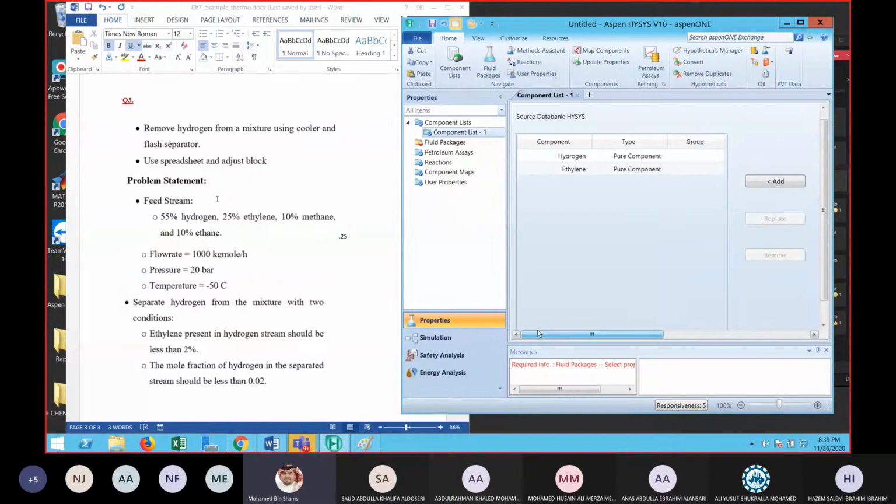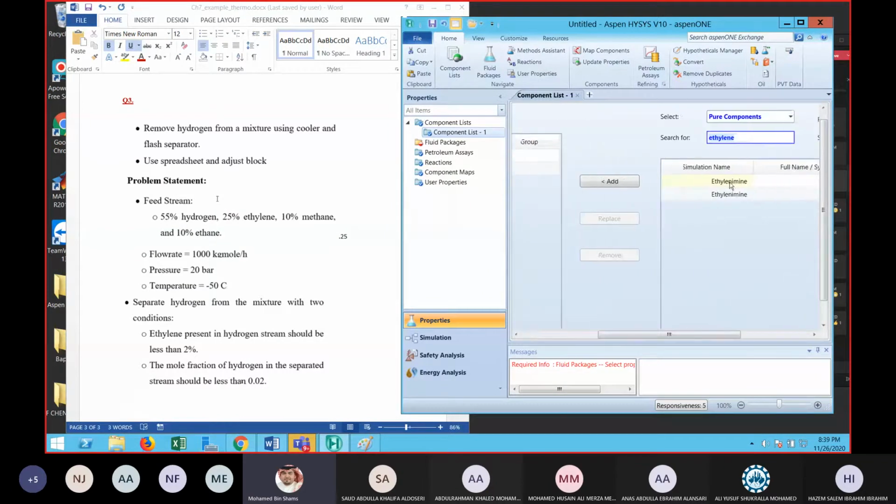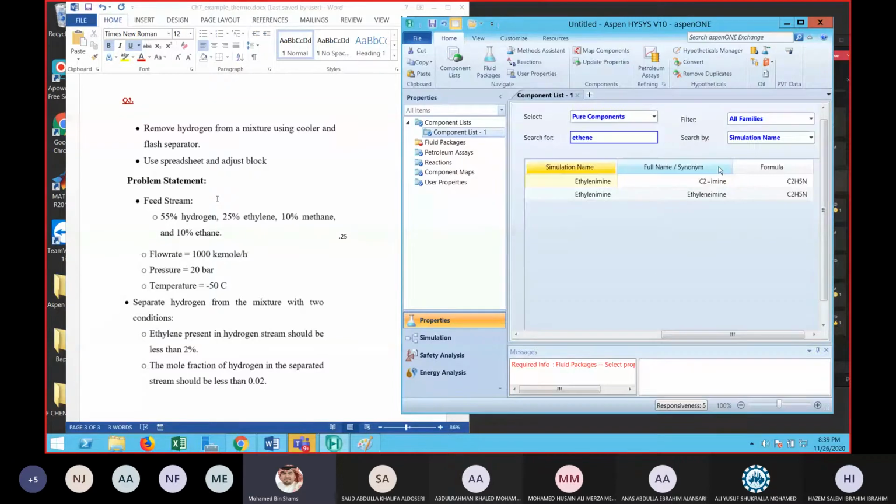Of course, if you don't find ethylene, you can write it as ethene, from your organic chemistry course.